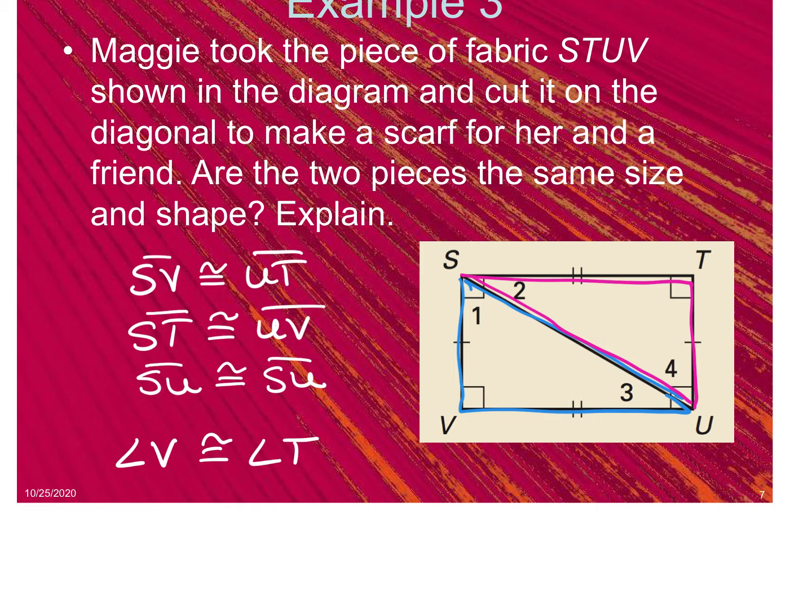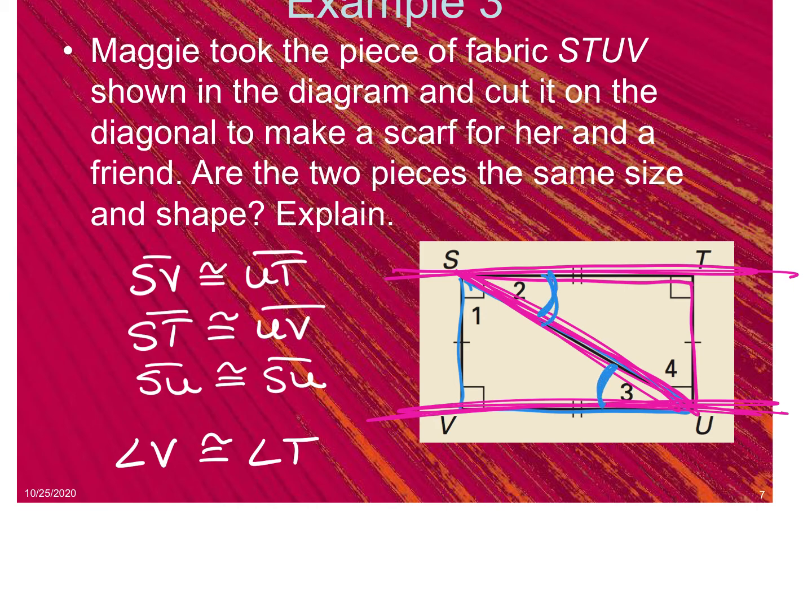So what I can state here is this line is parallel to this one. This is my transversal. So I could state that angle 2 is congruent to angle 3.